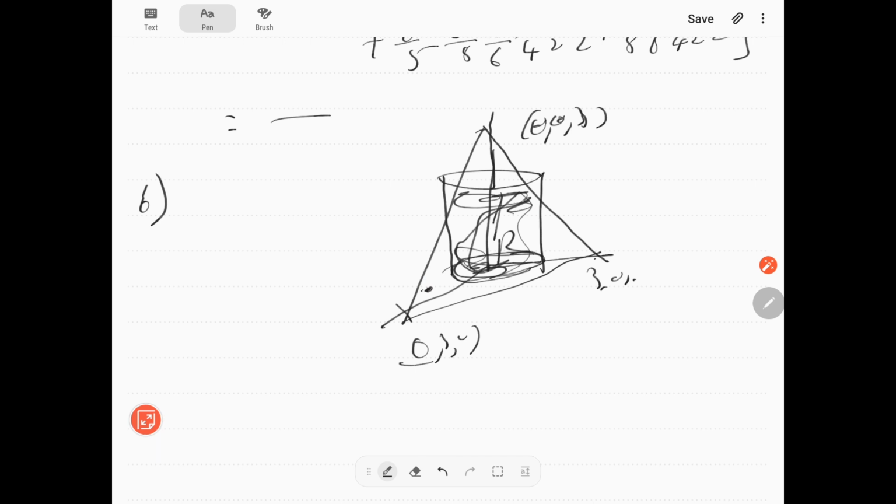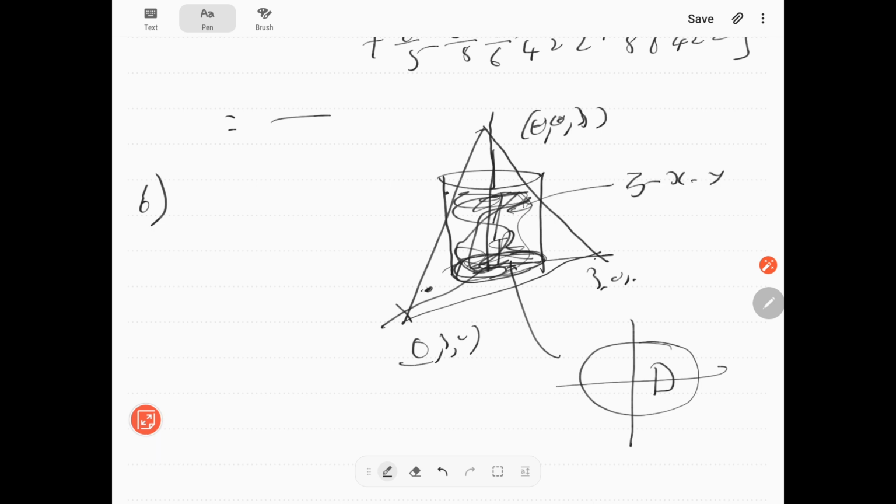And whereas here, this belongs to only the cylinder, not to the tetrahedron. So both will have the common region is this. So your projected region is this one, and your D is again x square plus y square is equal to 1. And your limits are z is 0 and z will be 3 minus x minus y.